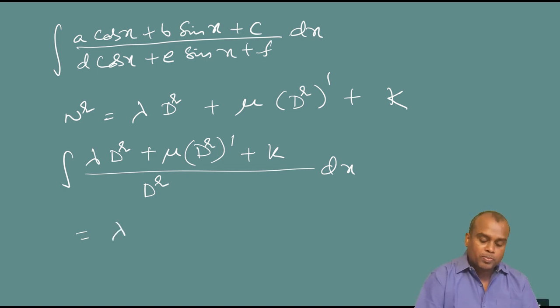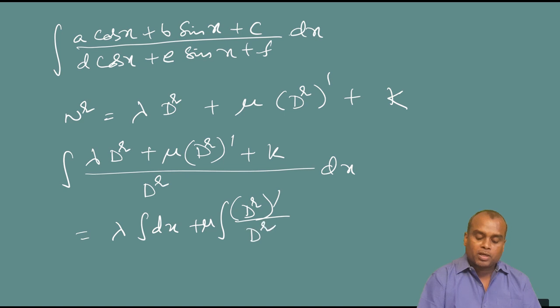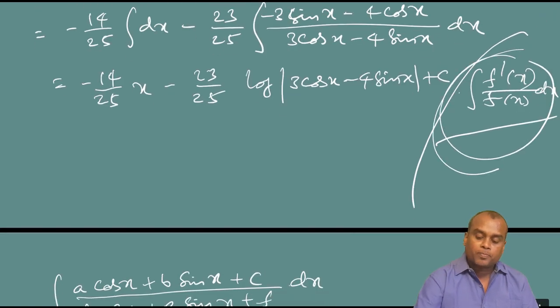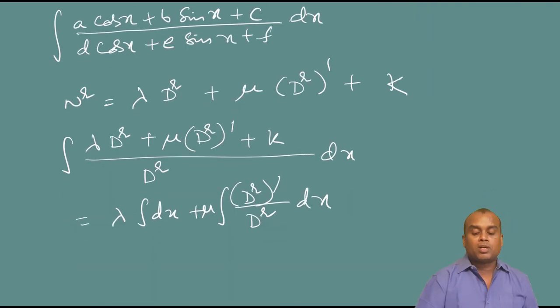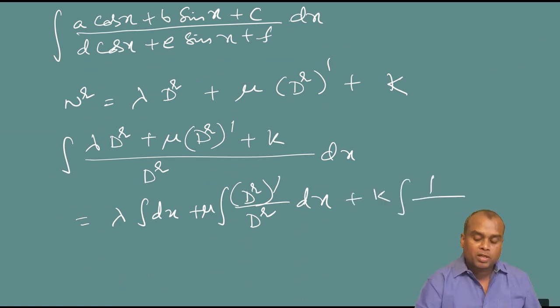So you can see that the first part will be integral dx, second part integral mu times derivative of the denominator by denominator dx. That means this part will be again like this one, integral f dash of x by f of x dx. So it is nothing but log of the denominator, that integral I am talking about. Plus the third one is k times integral 1 by denominator dx.